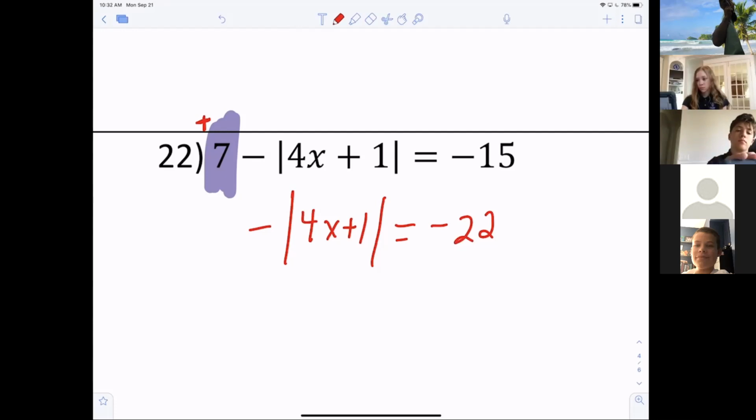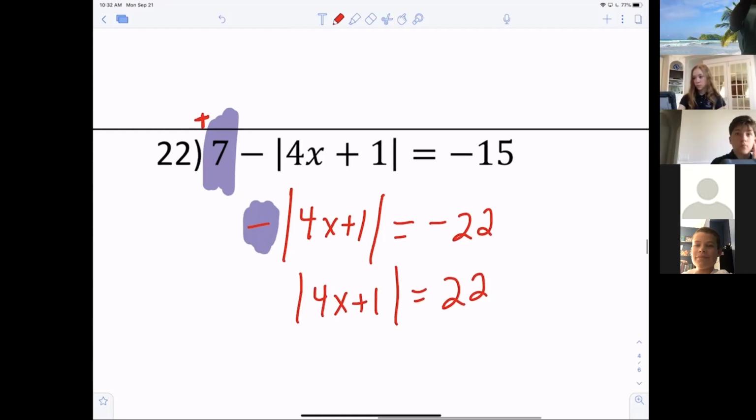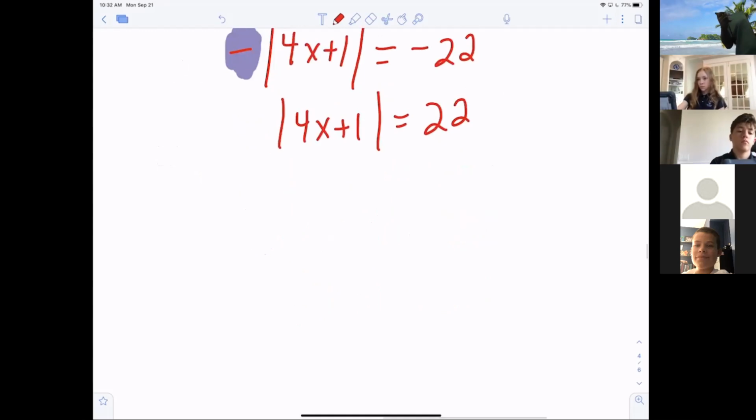Now, what else is in the way there, Davis? The negative. That's correct. So how do I get rid of a negative? By making it a positive. So now we would just say absolute value of 4x plus 1 equals 22. Some of you might say that's no solution. It wasn't no solution because there was a negative in front of the absolute value. Now, Davis, write both equations. Let's hear it loud and proud.